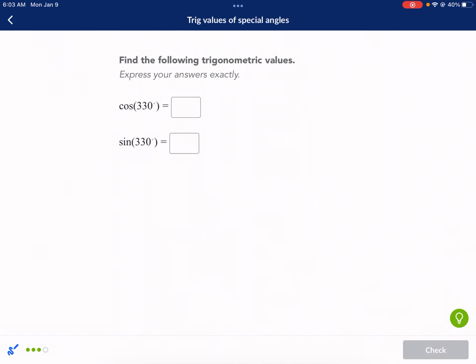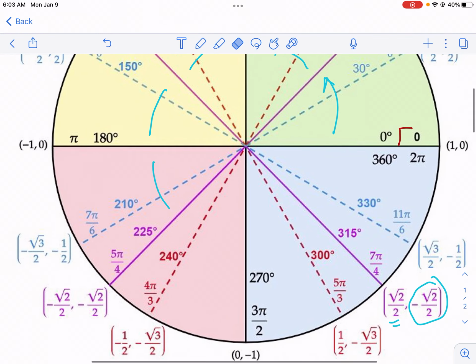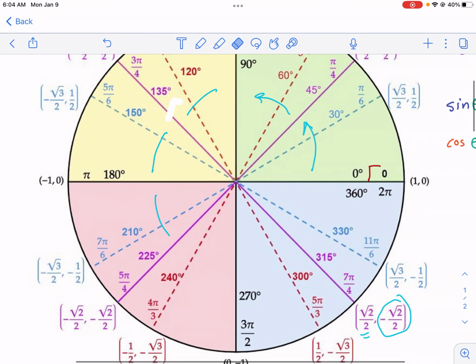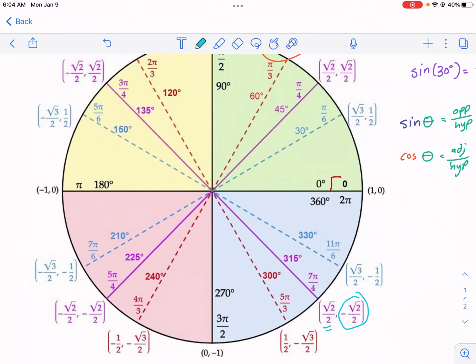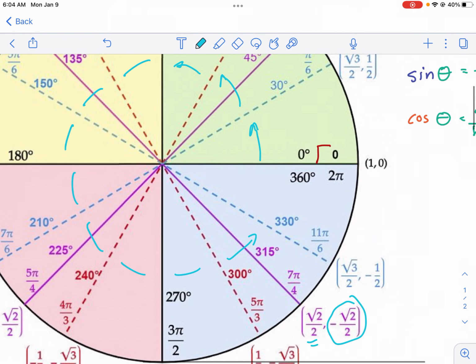So cosine of 330. So we are only beneath the x-axis here. 330 is almost a 360. This is a 30-degree reference angle. And the reason why it's a 30-degree reference angle, okay, I hope you guys have been catching on, but you go 1, 2, 3, 4, 5, 6, 7, 8, 9, 10, 11. Okay, so 11 of those turns, and that's why it's 11 pi over 6, will take us to 330.